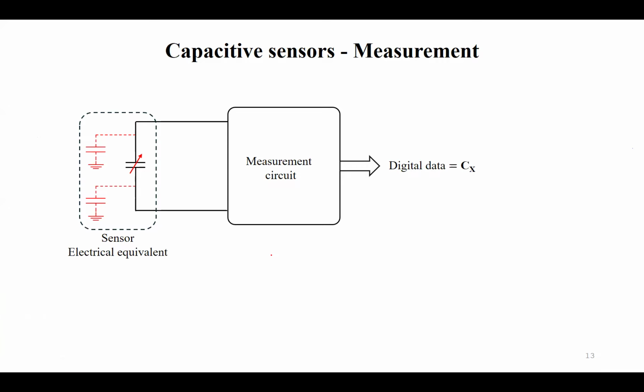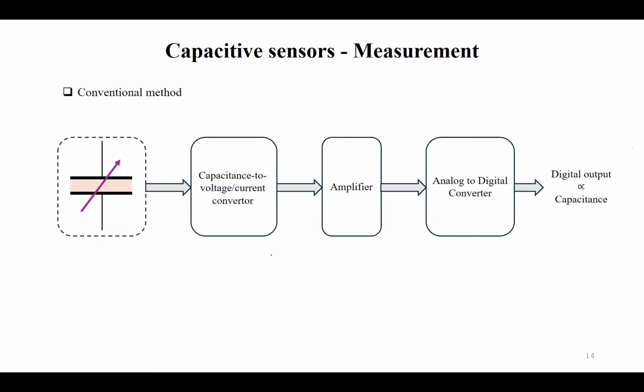Okay, yeah. So the most conventional method for a capacitive sensor is having a block like this that needs to convert the capacitance value to an equivalent voltage or current, and we need to accurately convert this analog value to the corresponding digital values, right?